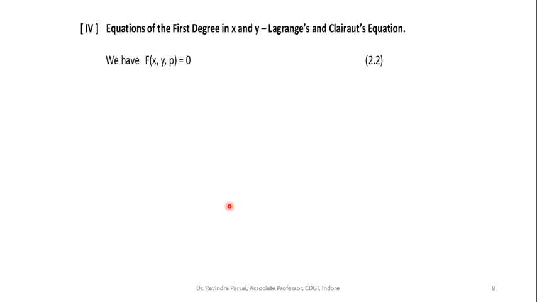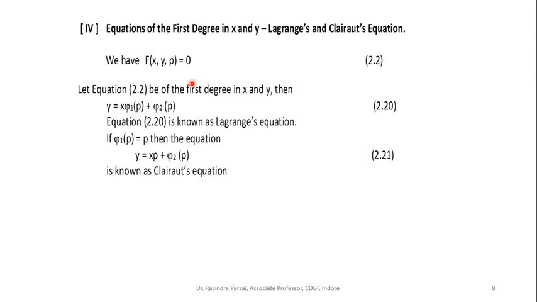Now we come to the last method, method number 4, Clairaut's equations. First we understand the method, then we come to an example. Let equation 2.2 be of the first degree in x and y, then it can be written as y equal to x phi1 of p plus phi2 of p.